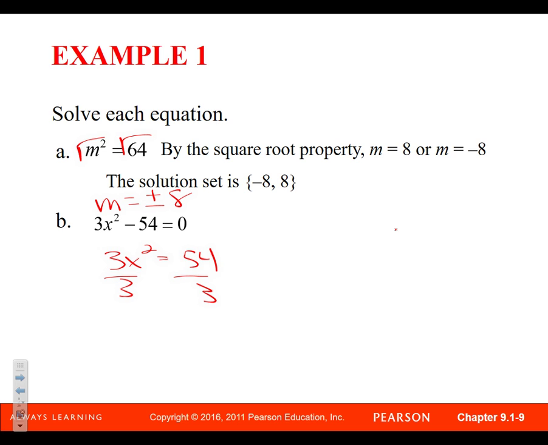Divide both sides by 3. That means that x squared is equal to, just kidding, is it 18? Yeah, 18. Take the square root of both sides. That means that x is equal to positive or negative, what is that? 3 radical 2?